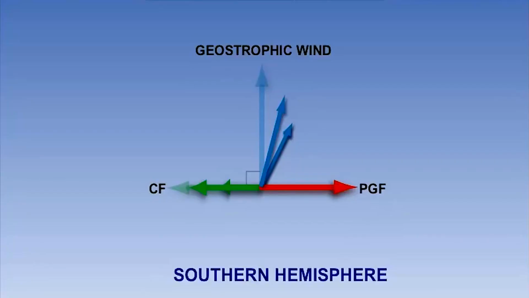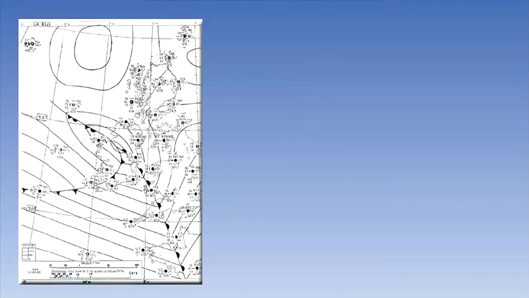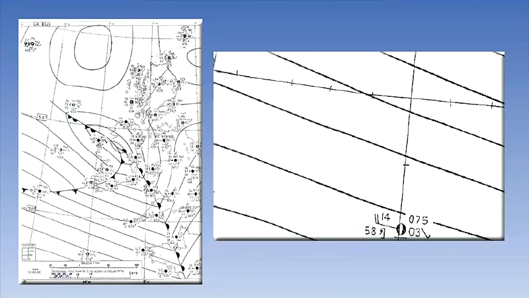Remember, we considered the geostrophic wind and its forces in order to better understand what is happening at the surface. If we now take a surface pressure chart like the one shown here, we can see some parallel isobars and therefore find a geostrophic wind.